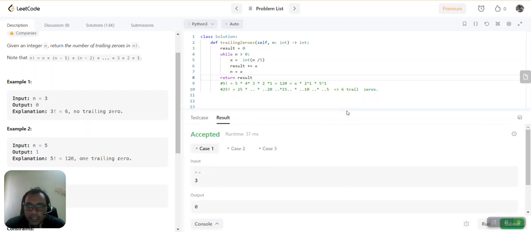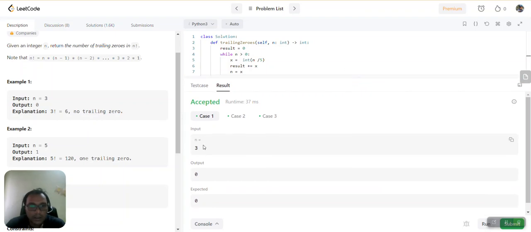You can see the first test case is n is 3. In 3 factorial we don't have any 5s, hence we don't have any trailing zeros. Output is 0, expected is 0. In case 2 we have 5. In 5 we have only one 5, hence we'll have only one zero, and same is our expected answer.